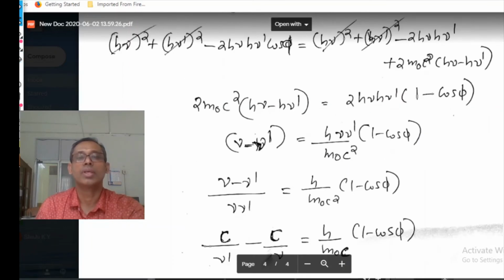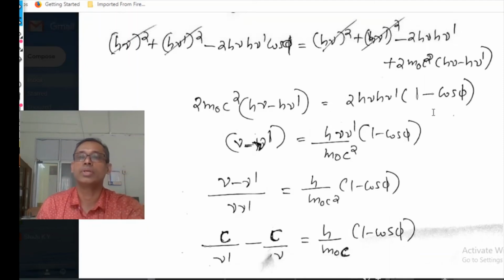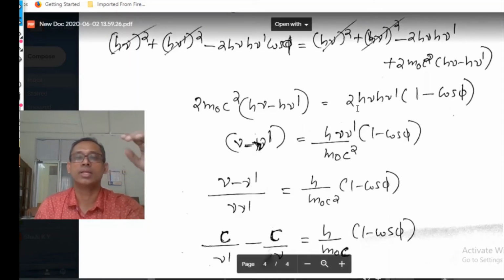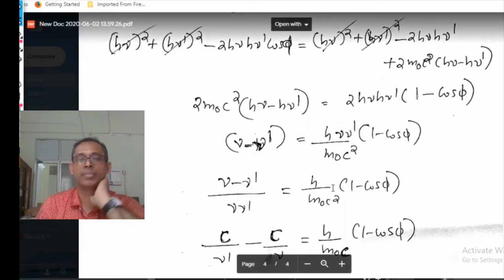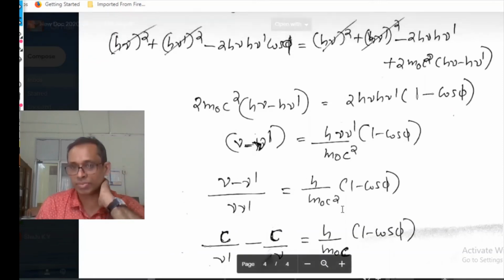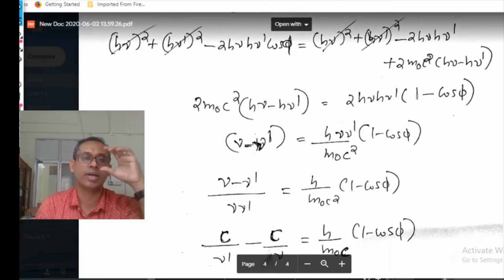As I make these rearrangements, I get the equation with 2 m0 c square h nu minus h nu prime, and these two get cancelled. m0 will go there, c square here, and I take this nu prime below this nu minus nu prime. So I will get h over m0 c square times 1 minus cos phi.